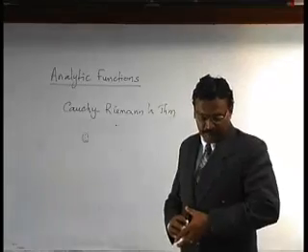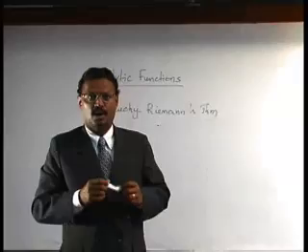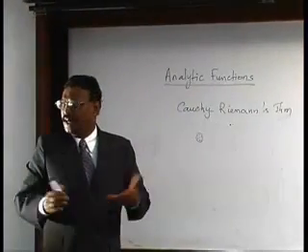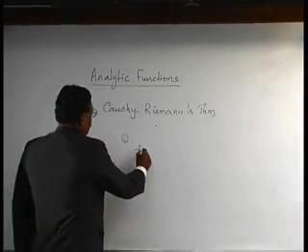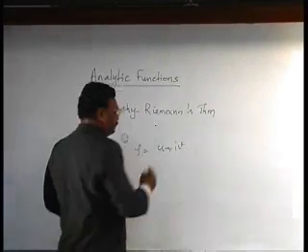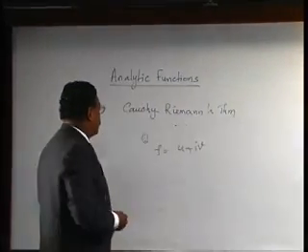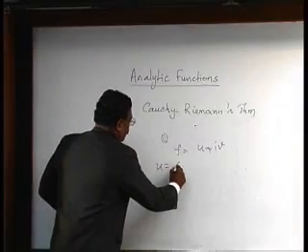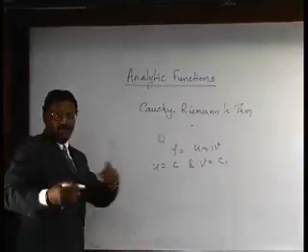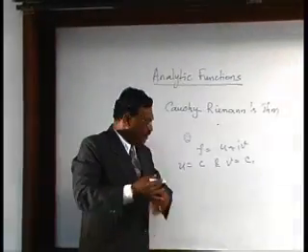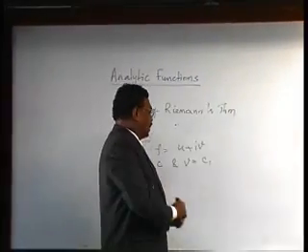And also we will see certain properties of analytic functions: if f equals u plus iv, then u and v are harmonic, and the functions u equal to constant and v equal to constant will give you families of curves, and those families of curves will be orthogonal to each other.